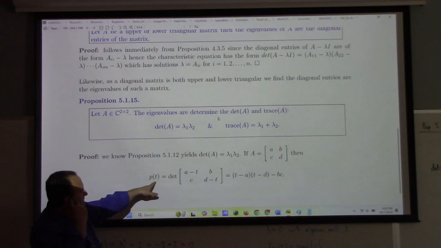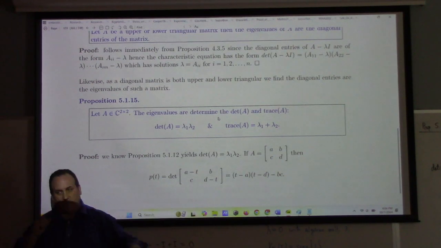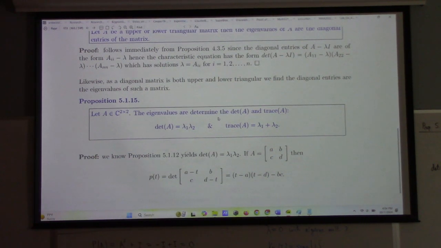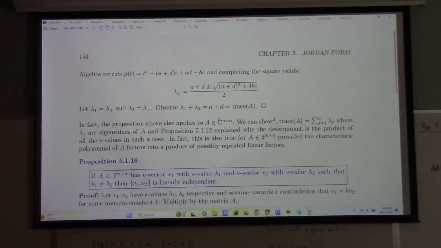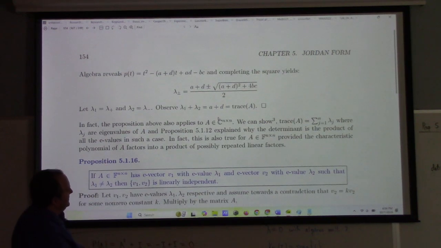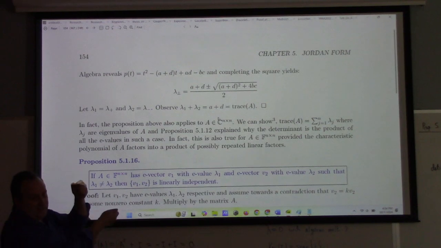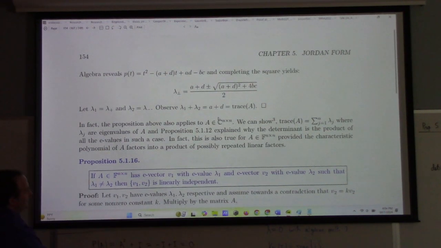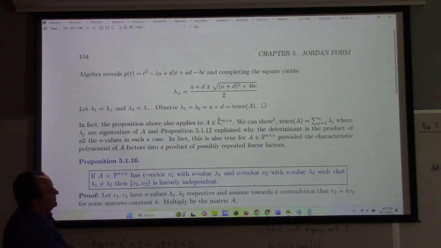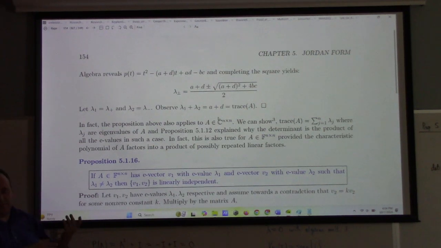If you look at the determinant of this, we get that polynomial. Then I completed the square and did the usual calculation there. If you add the plus and the minus roots, the discriminant term cancels out, and you just get a plus d over 2 plus a plus d over 2, which is a plus d, but that's also the trace.